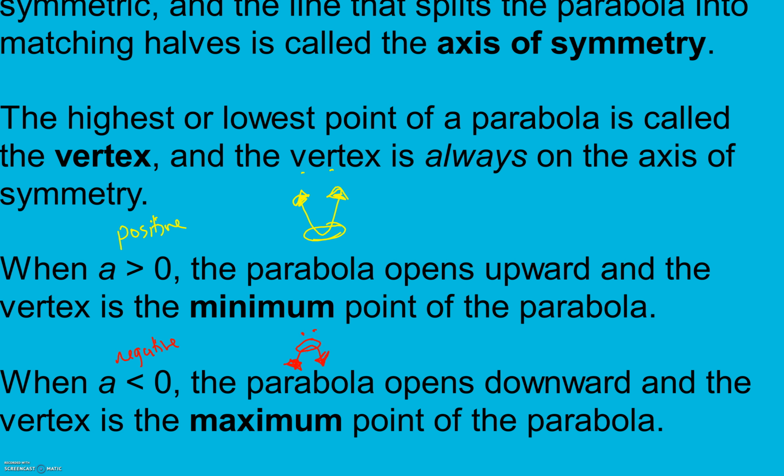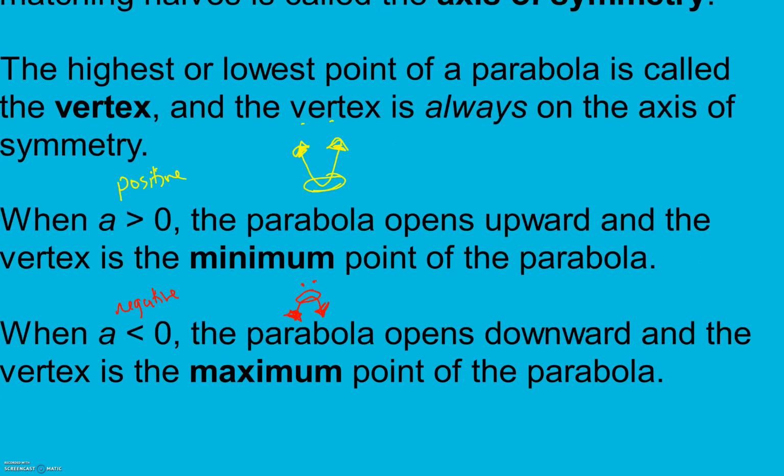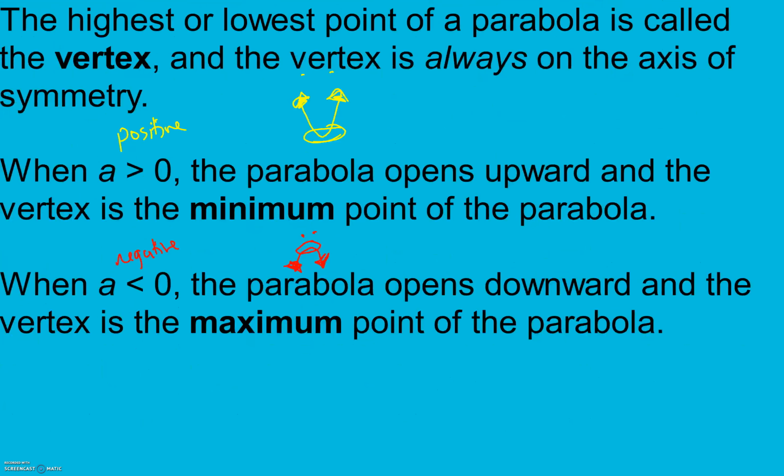That's the highest it'll ever be. So if a is less than 0 or negative, the parabola opens downward, and we have that maximum. If a is greater than 0 or positive, we have a happy face parabola. It opens upward, and there's a minimum point.